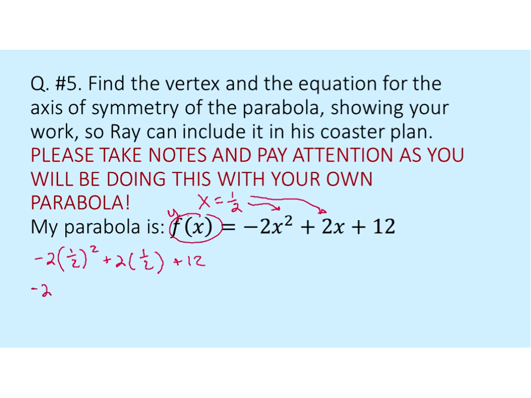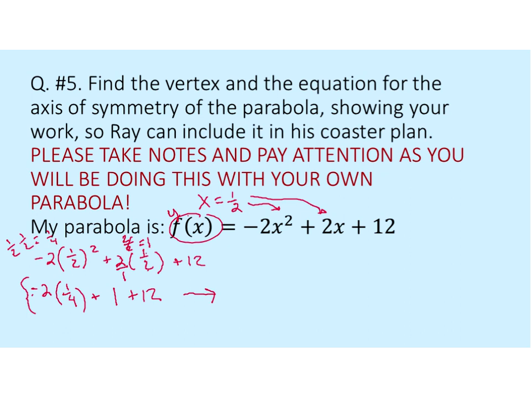So let's go ahead and do the math here. This is negative 2. Now, 1/2 times 1/2, with fractions we multiply across, is 1/4. Plus, when I multiply 2 times 1, I have 2 in the numerator, and 1 times 2, I have 2, so this equals 1, plus 12. Let's simplify this.